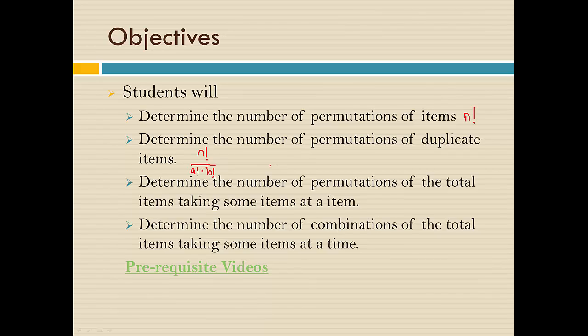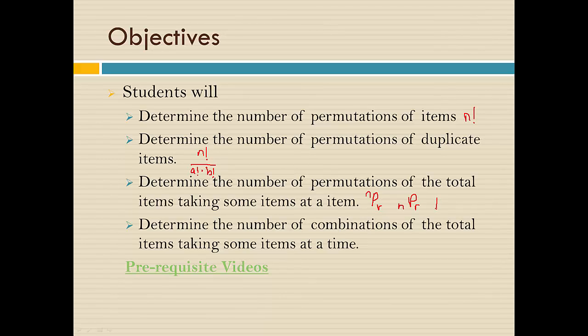We shall determine the number of permutations of the total items, taking some items at a time. Superscript n, P, subscript r. Or in some textbooks, you see subscript n, P, subscript r.